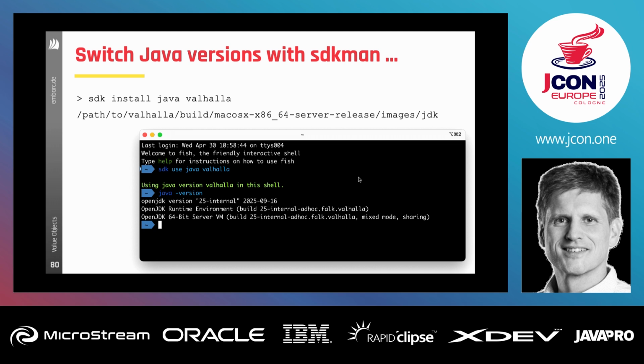And then if you already use SDKMAN, which I always recommend, you can switch between different Java versions, and you can install this locally built Valhalla OpenJDK release, and then just switch from your normal Java 21 release to the Valhalla release.